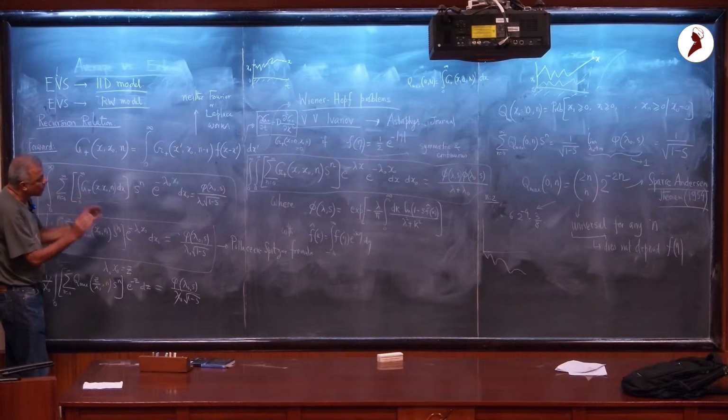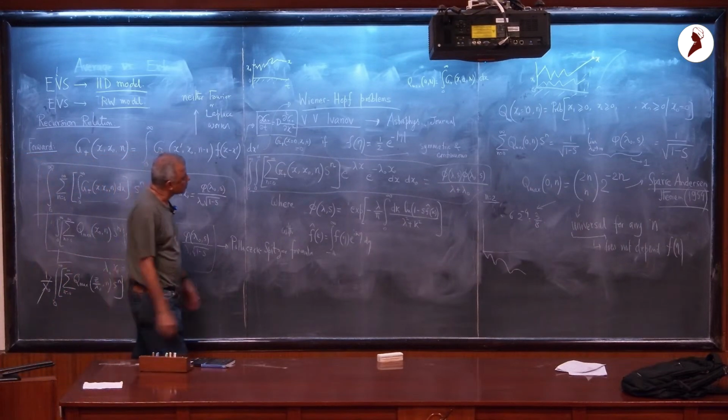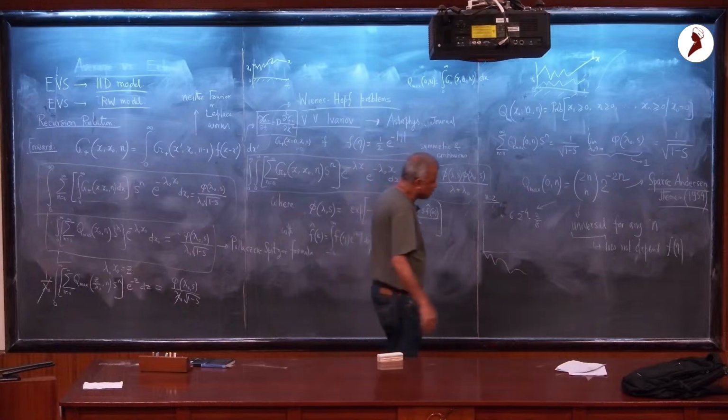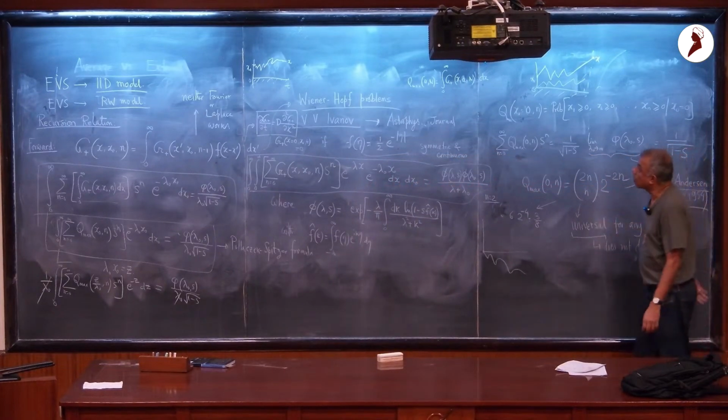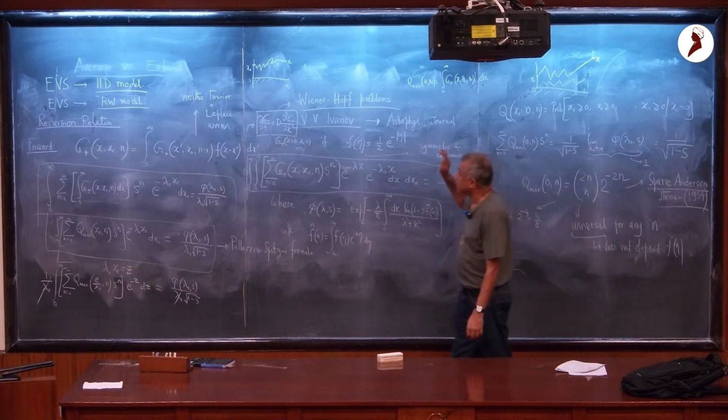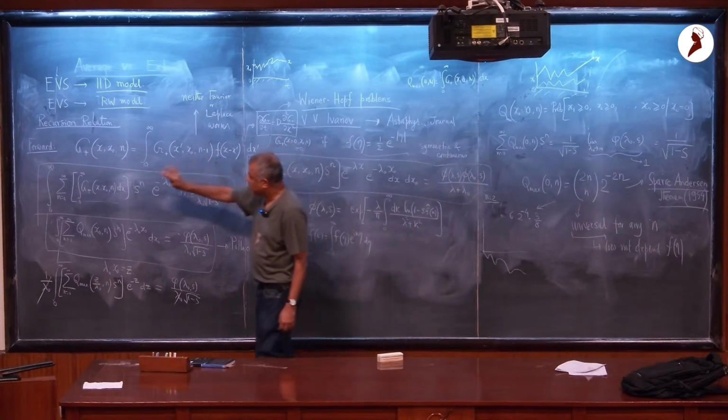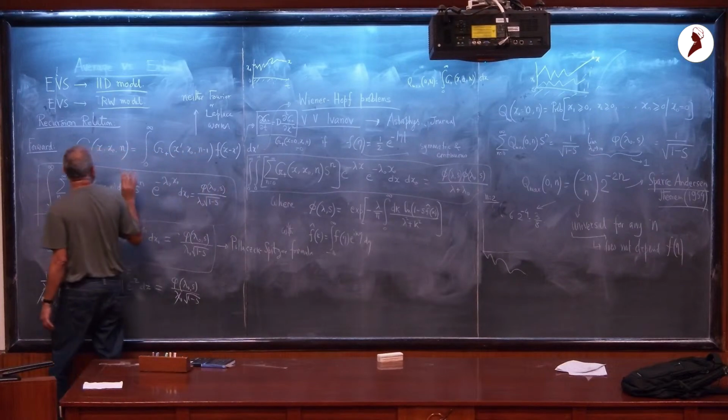But this is for a subclass of jump distributions where the sigma square is finite. That means where the central limit theorem holds and the random walk converges to Brownian motion. So in that case, we'll be able to compute exactly the distribution of the maximum.